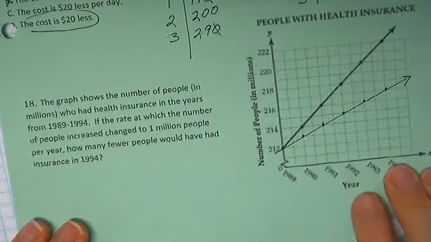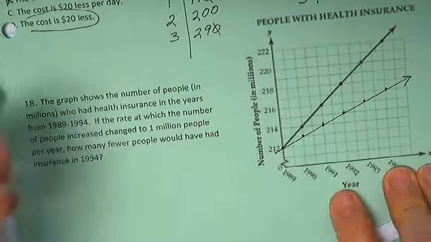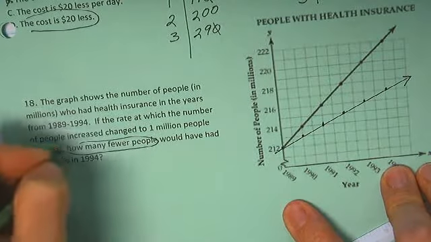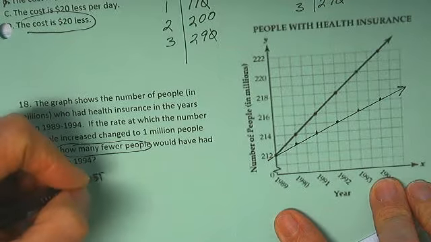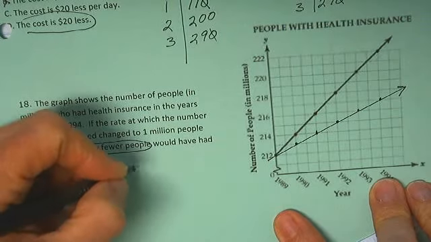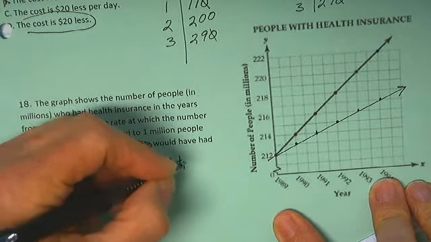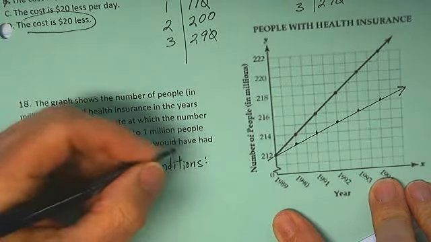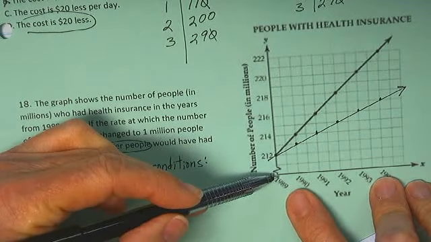How many fewer people would have had insurance? Well, how many fewer? So we start with the starting conditions. Well, 212 million people in the first year, 1989.